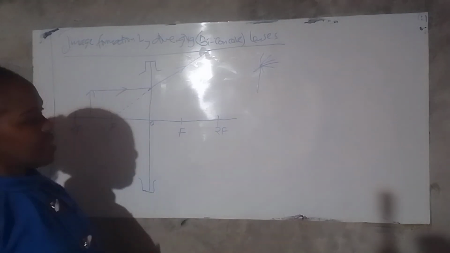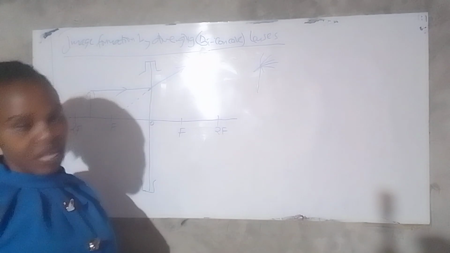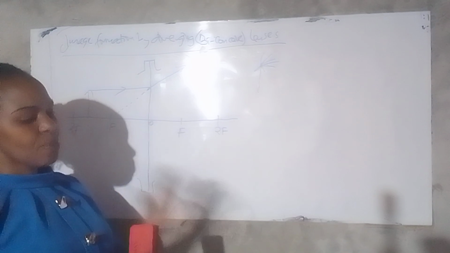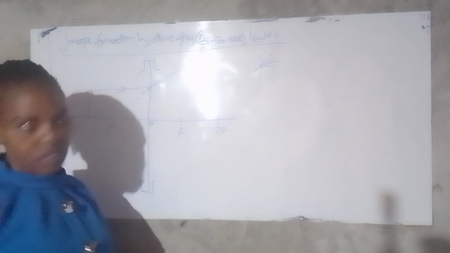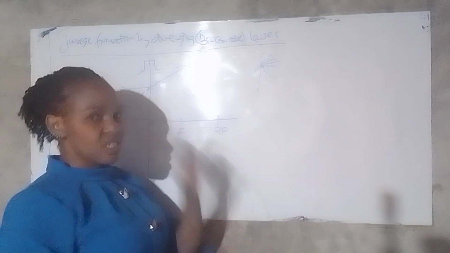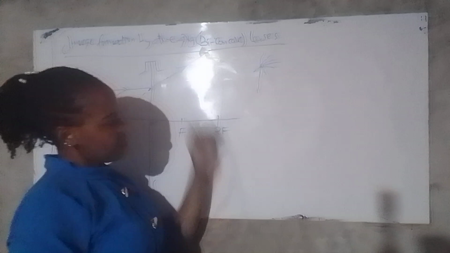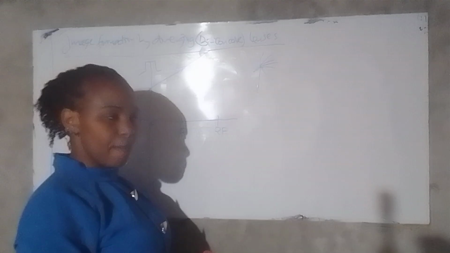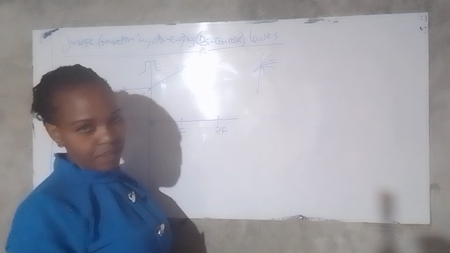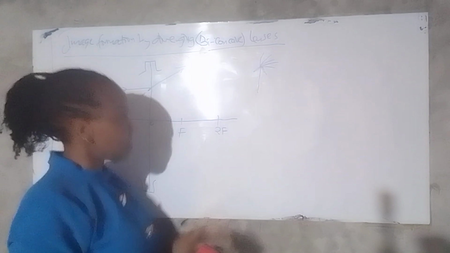Any point on an object is a source of light, just like we would have a bulb, there are so many rays coming from a single point. So some of these are the rays we are using. We only need 3 of them, or even 2. One that is parallel to the principal axis, and one that is passing through the optical center. The rest are not very necessary. Those 2, if we use them, then we get our image.